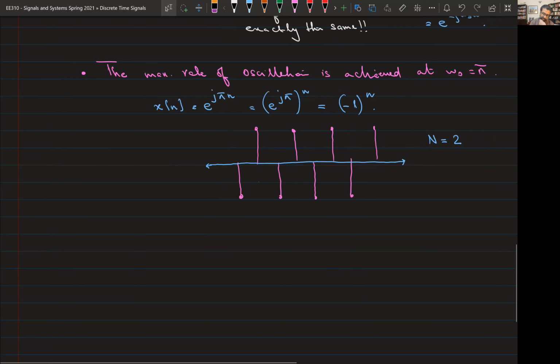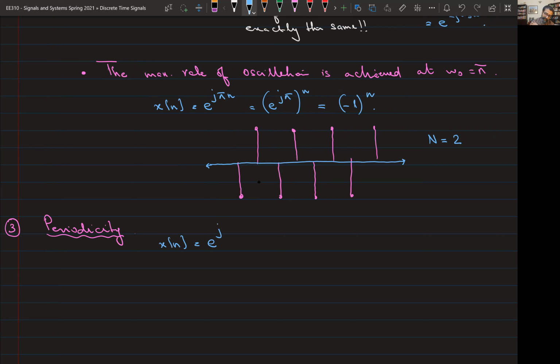Right? Achha, so we're running short of time. Let me quickly mention the third point, which is periodicity. If x of n equals e raised by j omega naught n, can you determine the fundamental period?